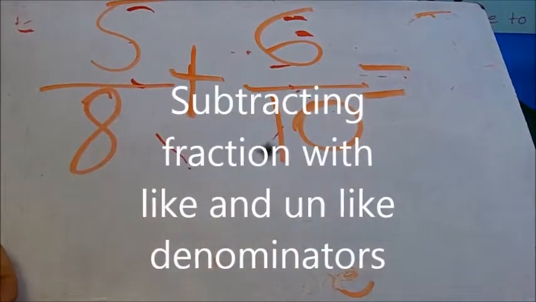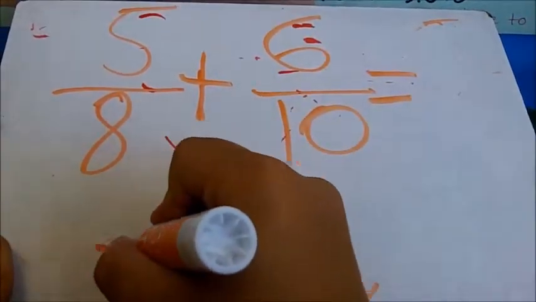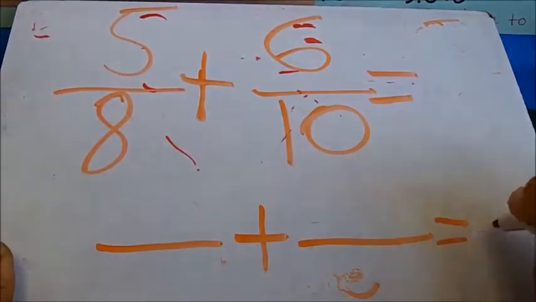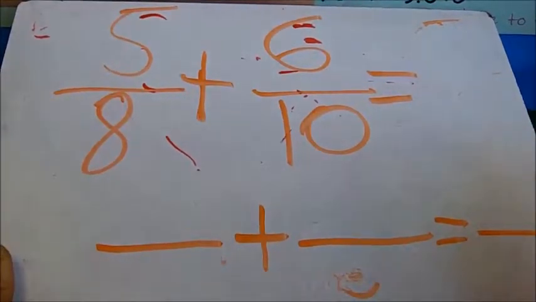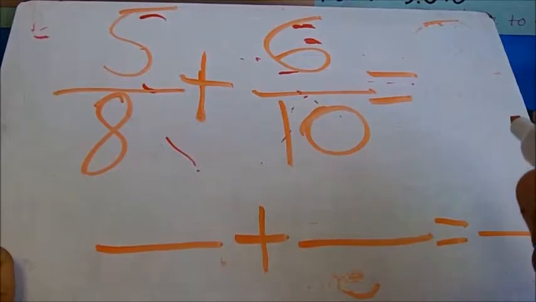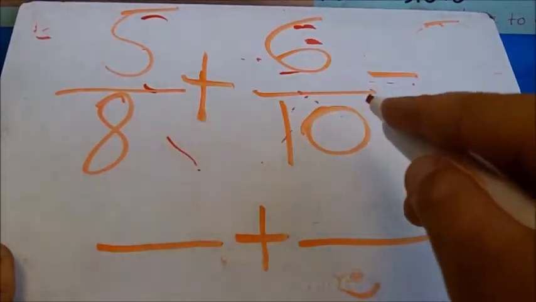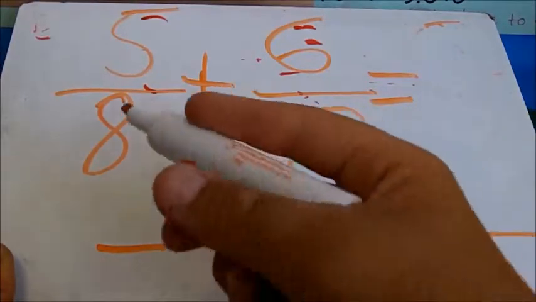Okay, so you might need a little bit more room for this, but what you do is you lay out the fraction. Okay, and now you keep one denominator the same, so 10, we're going to use 10, so 8 times 10, which would be 80.